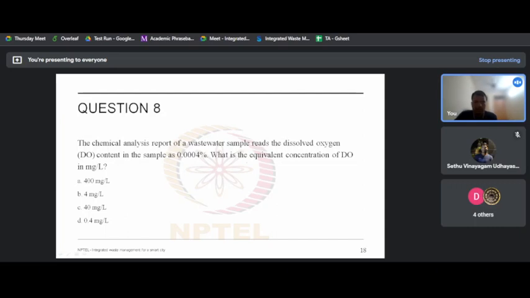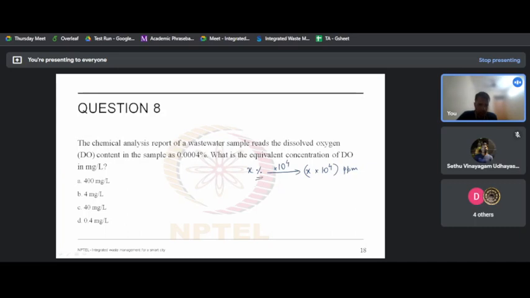So a simple way to approach this is, whenever we are given X% and we need to convert this into ppm units, we should simply multiply it by 10 to the power 4. So that becomes x into 10 to the power 4 units of ppm. So why is this done?